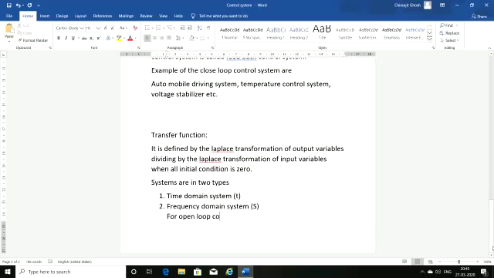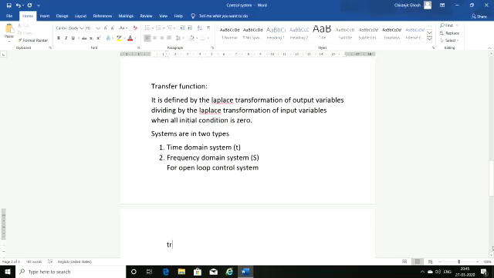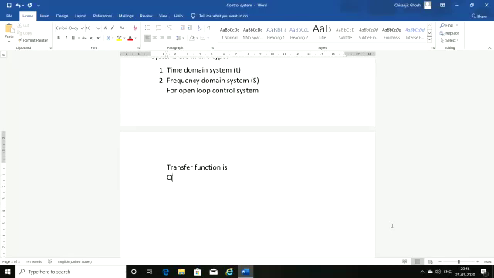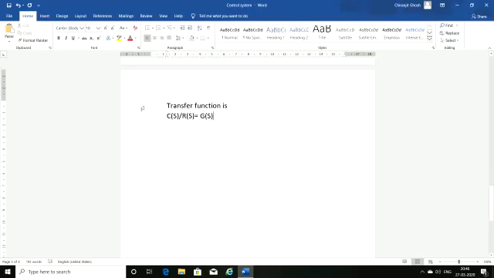So we can say that the open loop control system transfer function is C(s) by R(s), which is equal to G(s), which is the gain.